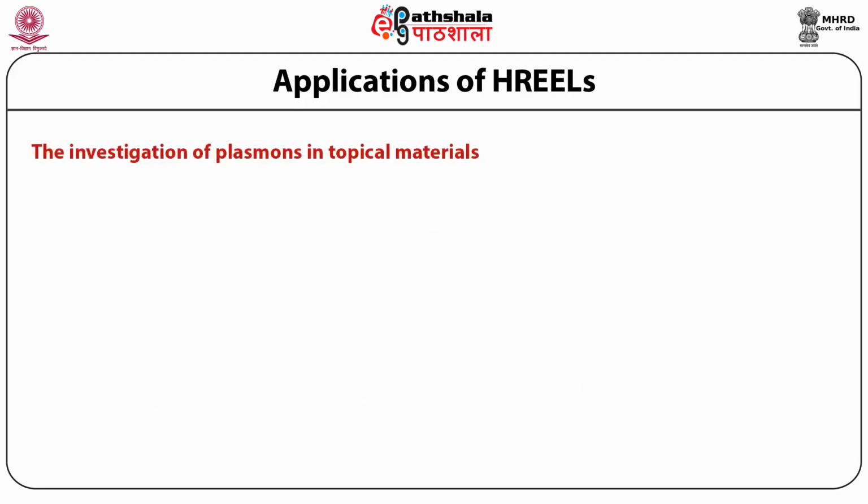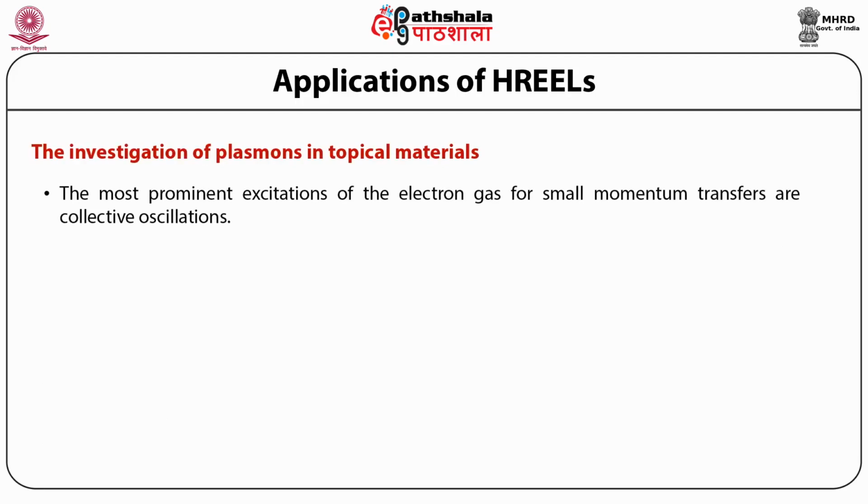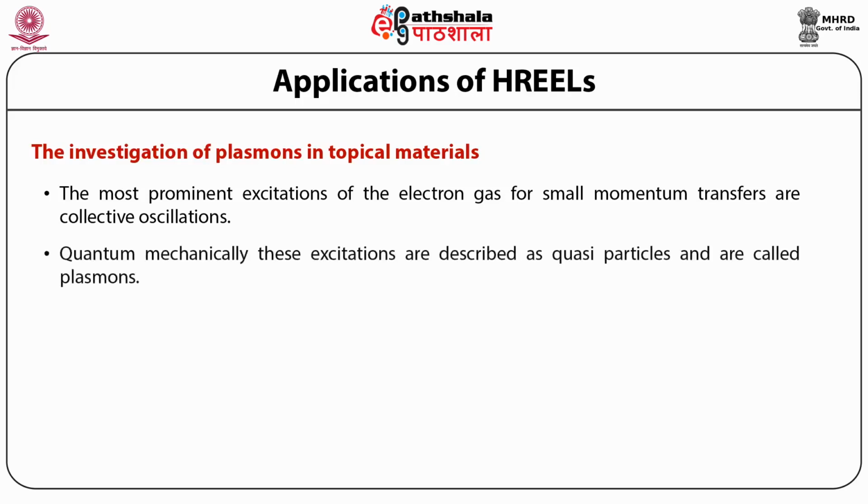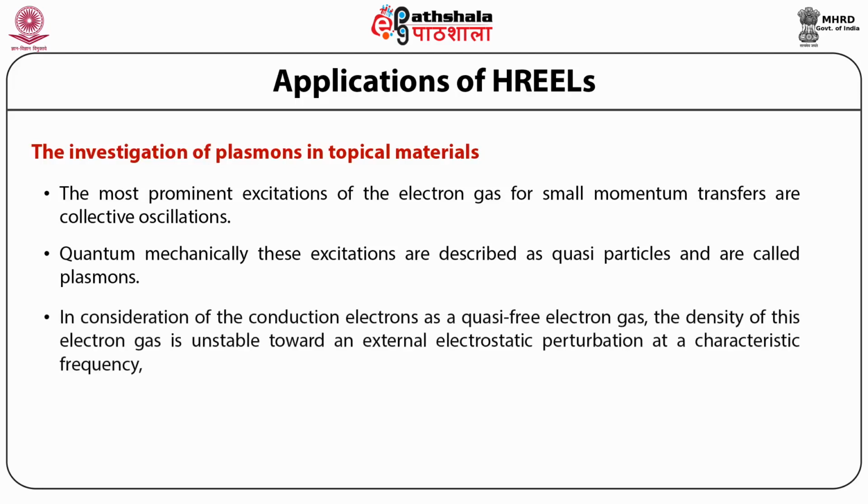The investigation of plasmons in topical materials. The most prominent excitations of the electron gas for small momentum transfer are collective oscillations. Quantum mechanically, these excitations are described as quasi-particles and are called plasmons. In considering the conduction electrons as a quasi-free electron gas, the density of this electron gas is unstable toward an external electrostatic perturbation at the characteristic frequency.